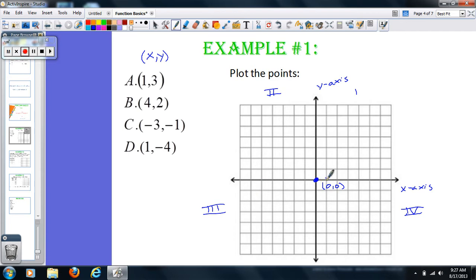So I'm going to go right 1, and now I'm going to go positive 3 on the y, which means am I going to go up or down? Whenever you think of positive and negative as far as higher or lower, the higher you go, the more positive you're going. The lower you go, the lower you're going. For example, sea level.